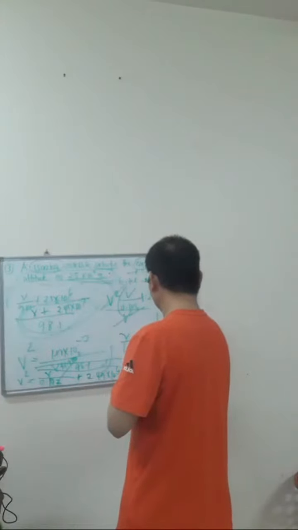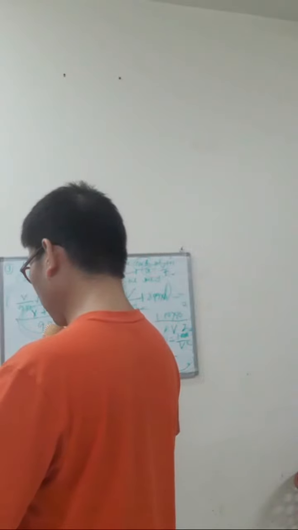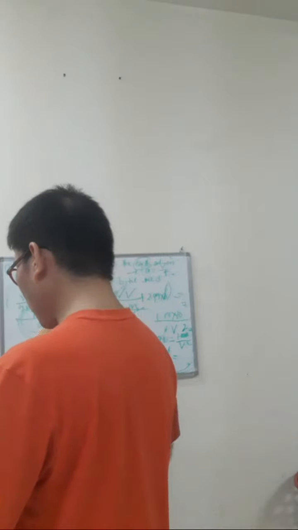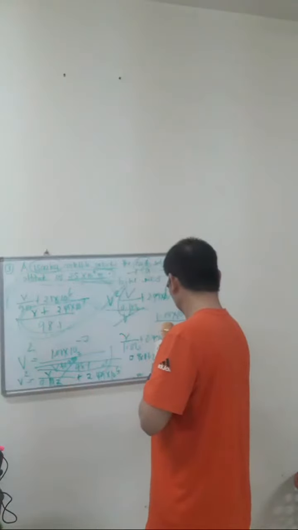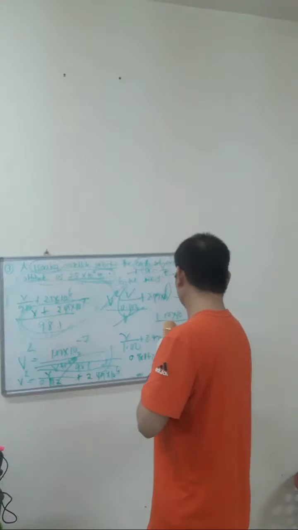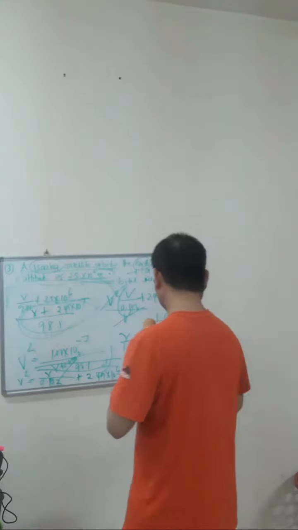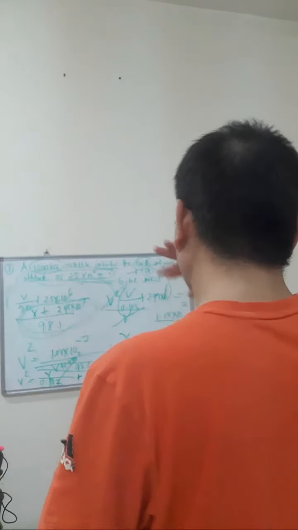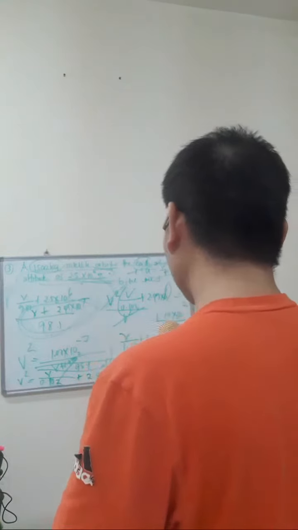Then 1.0 negative 11 divided by V. Dividing the exponent to the negative 7 by 1, we get 1 times 10 to the negative 7, but the V squared will be at the denominator. So what we will find here is a quadratic equation.